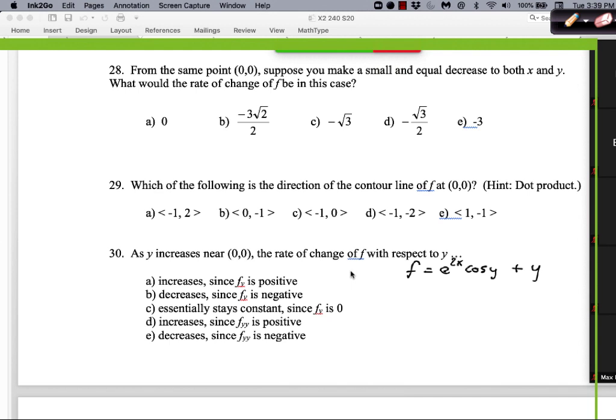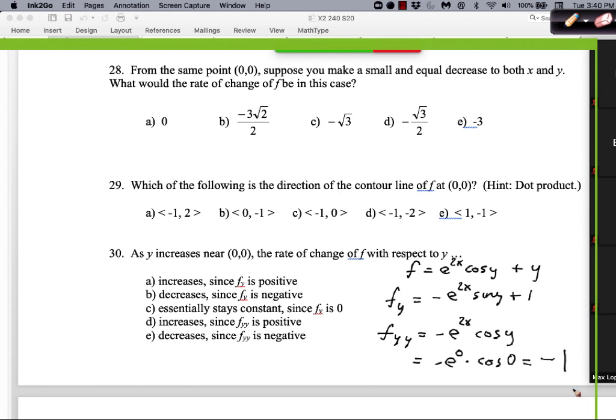So f sub y is negative e to the 2x sine y plus 1. And the second derivative is going to be negative e to the 2x cosine y at 0, 0. So that equals negative e to the 0 times cosine 0, or negative 1.